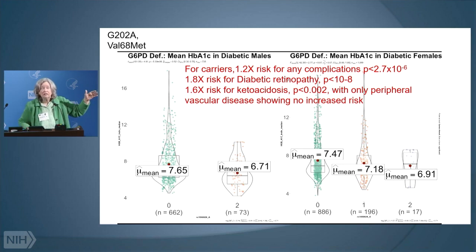In early clinical trials to understand how well blood glucose control would reduce the risk of complications, diabetic retinopathy was the sentinel one because it's often one of the first of the diabetic complications to arise. So hugely significant, 1.8-fold increased risk in diabetic retinopathy. Highly significant even in our biobank, but I can tell you biobanks all over the world are seeing this too.